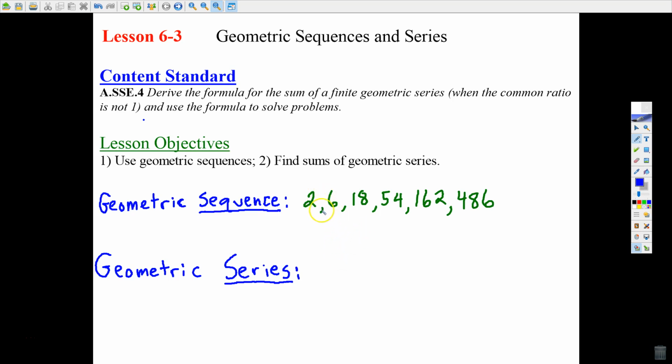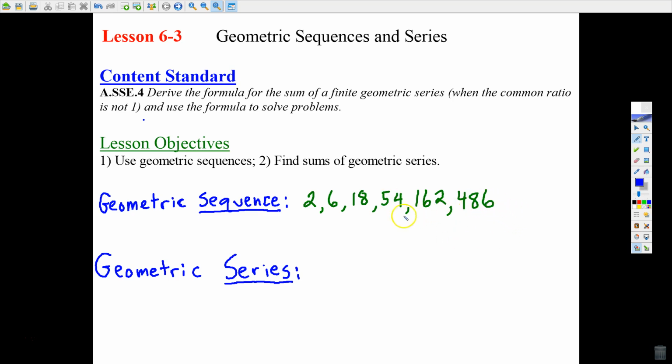Okay, I like that. It's a pattern. It's a list of numbers that follow a particular pattern, and Joe just gave us what that pattern is. To get from one term in the list to the next, we're multiplying by the same number each time. And in this case, what is that same number? 3.